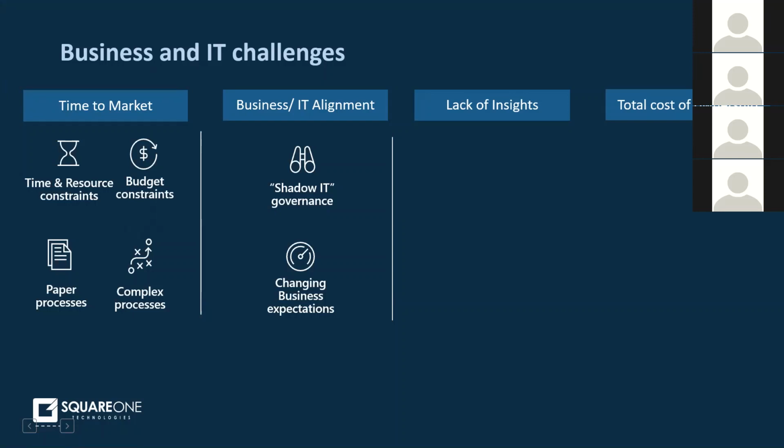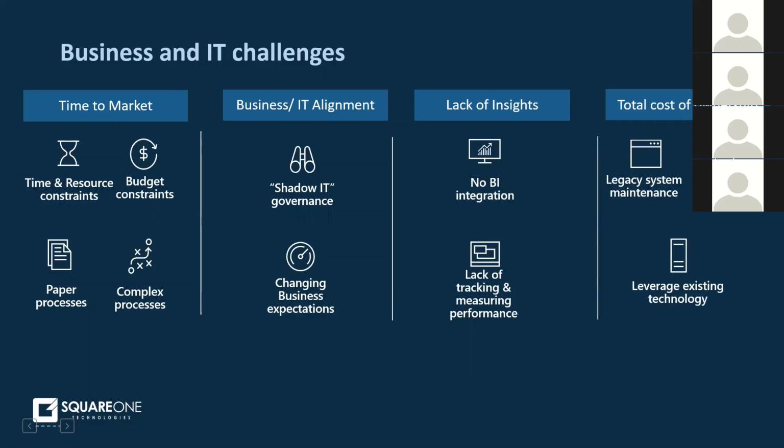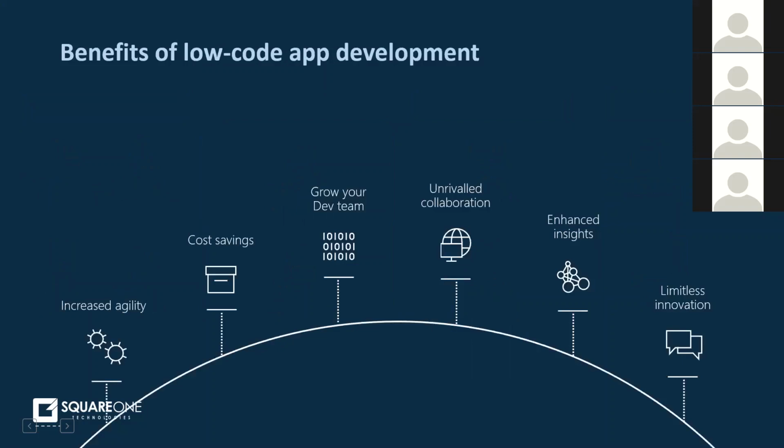There is a lack of insights. There is no business intelligence integration and no clear 360 view of the business, of what is happening on the ground and what could be happening in the future. There is also a lack of tracking and measuring performance. And finally, there is the total cost of ownership of managing different legacy systems, providing the security and compliance for all of these systems, and leveraging the existing technologies.